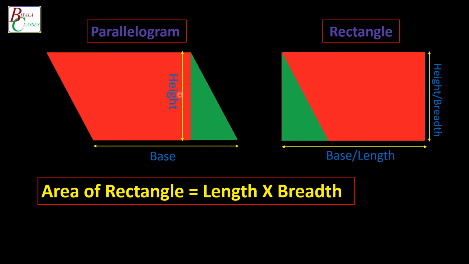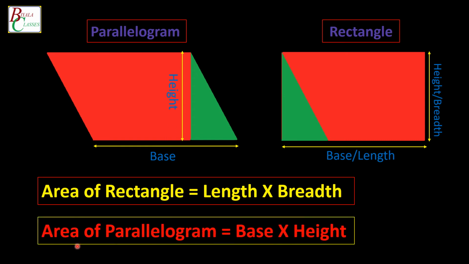Now if you compare these two, the length of the rectangle can be replaced with the base, and the breadth of the rectangle can be replaced with the height of the parallelogram. So comparing these, we get that the area of the parallelogram equals base multiplied by height, because we got this rectangle from the parallelogram itself, just by transferring the right triangle which was cut off from here.